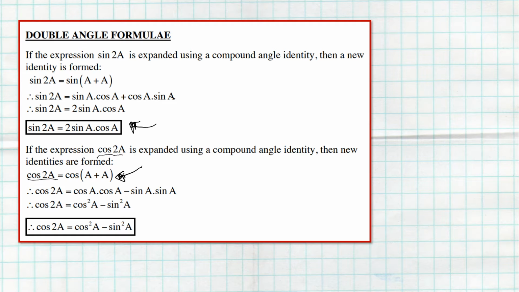If we simplify it, cos a times cos a is cos squared a, and sine a times sine a is sine squared a. So the double angle of cos, cos 2a, is equal to cos squared a minus sine squared a.